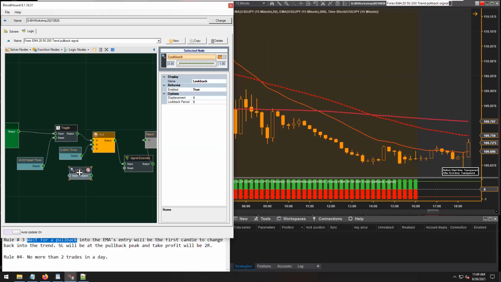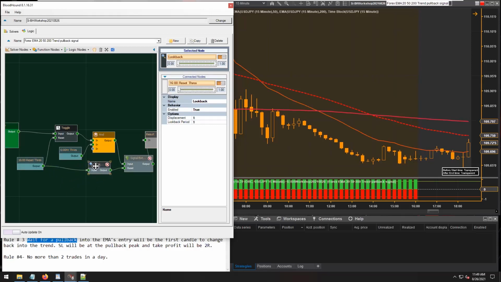So our look back node can be used to add a 1 bar delay to our reset here, right? We're using this displacement, which is defaulted on by 1 bar here, and that adds a 1 bar delay. That's what NinjaTrader's displacement function does.